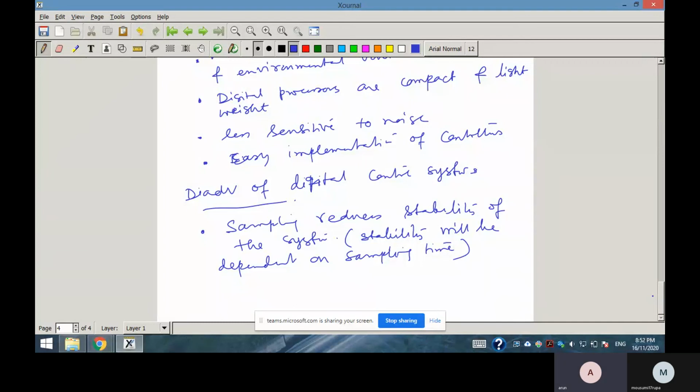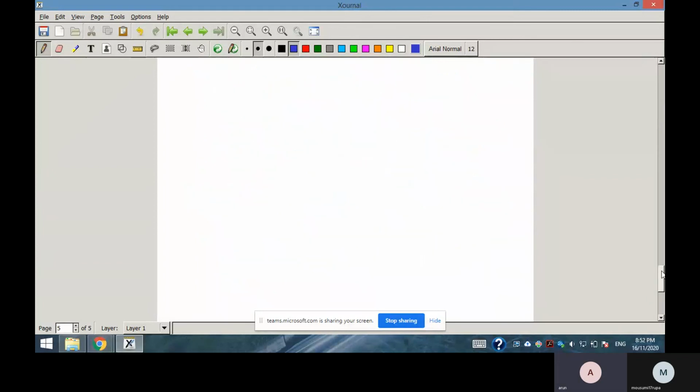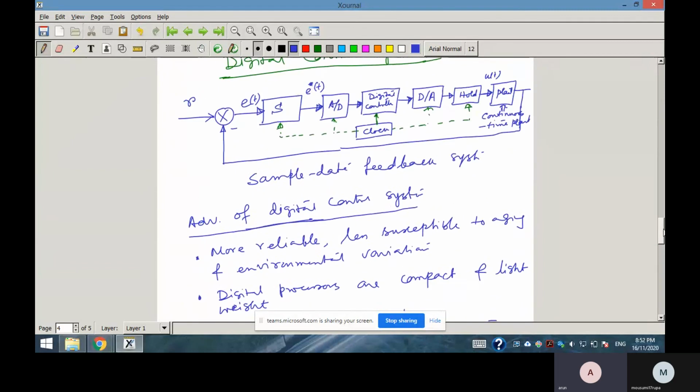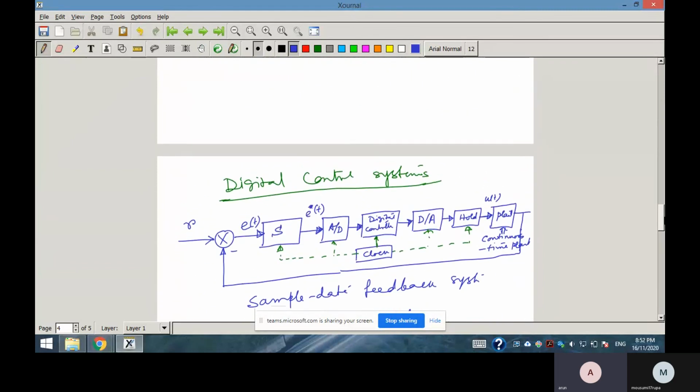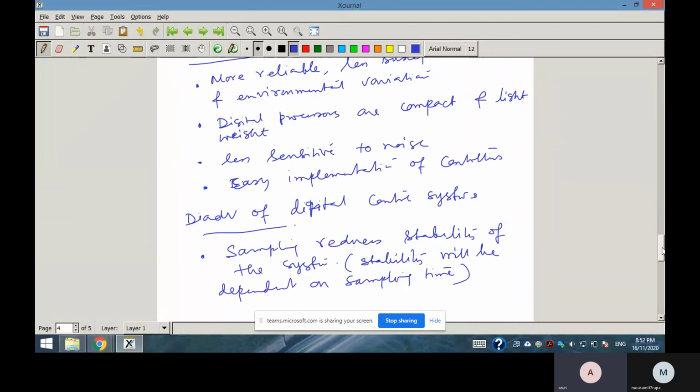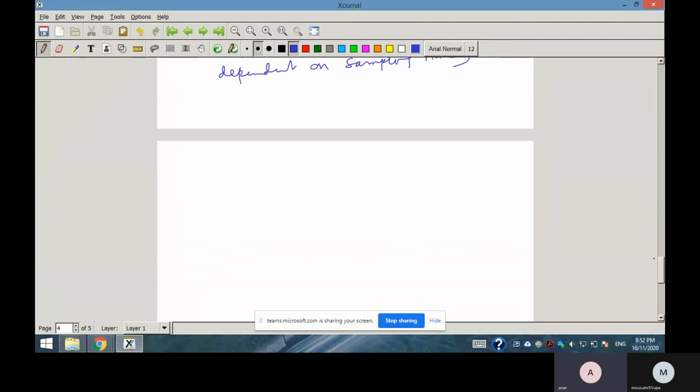Now, as you can see, sample and hold are very important operations in a digital control system. Before starting digital control systems, we have to understand the sampling and hold operation a little bit more.